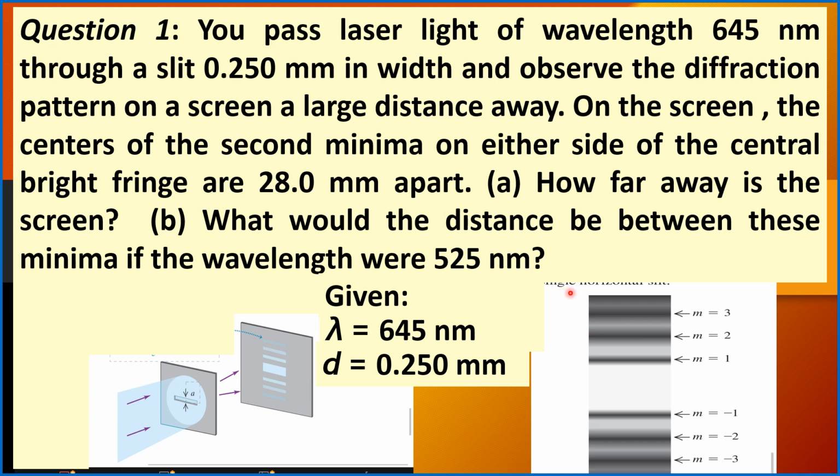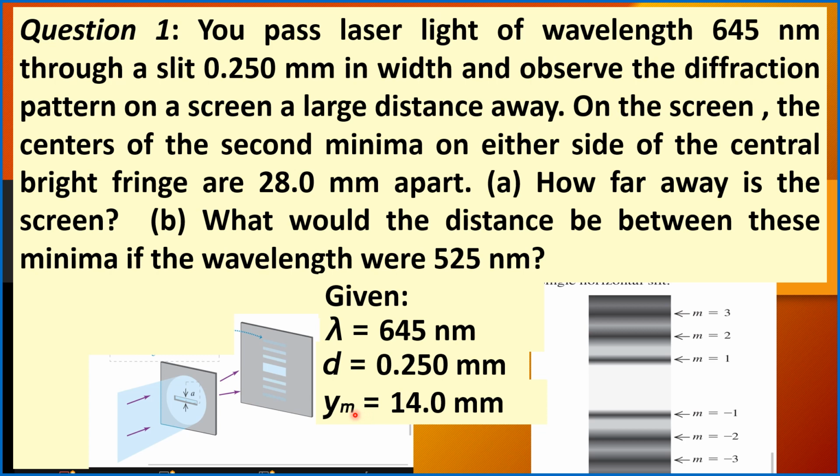But we are interested in describing the distance from a given minimum, either from the positive or from the negative minimum, to the very center of the central bright band. So y sub m here refers to the distance from any minimum. It could be m equals 1, m equals 2, or m equals 3, and so on.